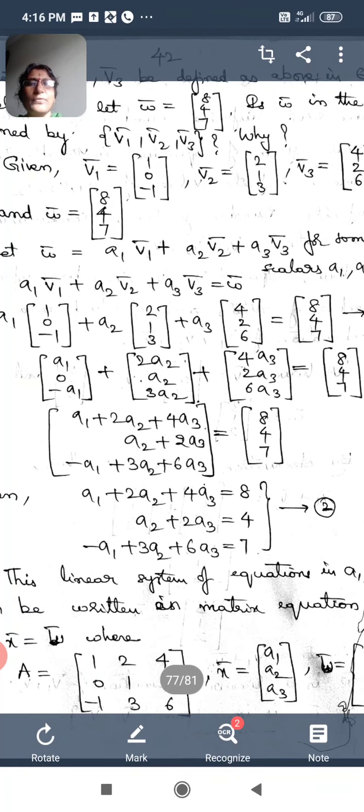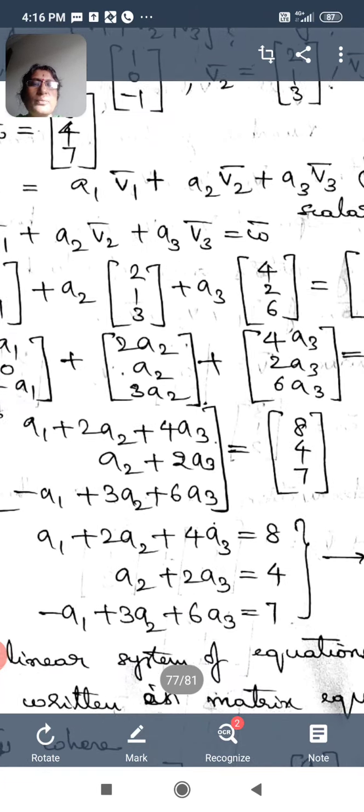On the left hand side there are three column vectors, each of the same order. So by using the addition of matrices, we can add these three column vectors and get the resultant vector as a1 plus 2a2 plus 4a3, in the next row a2 plus 2a3, and in the last row minus a1 plus 3a2 plus 6a3, and on the right hand side it is 8, 4, 7 as we have seen in the above step also.